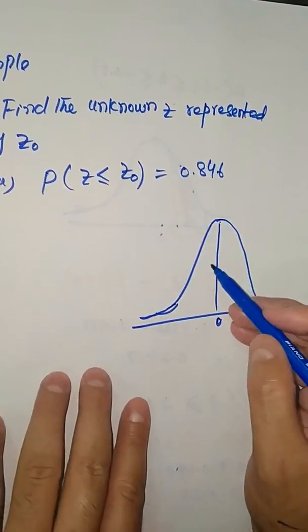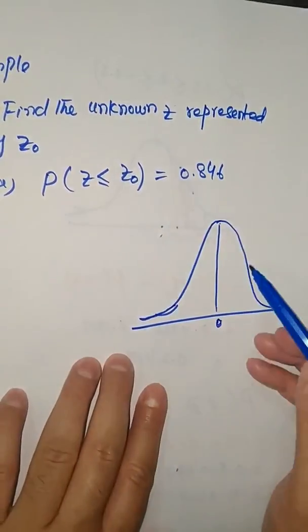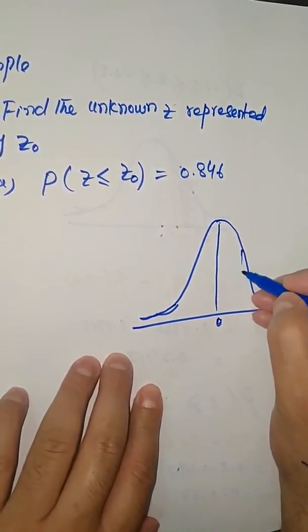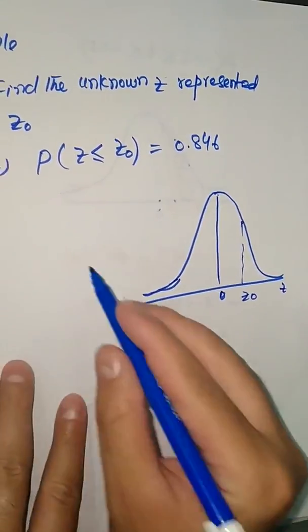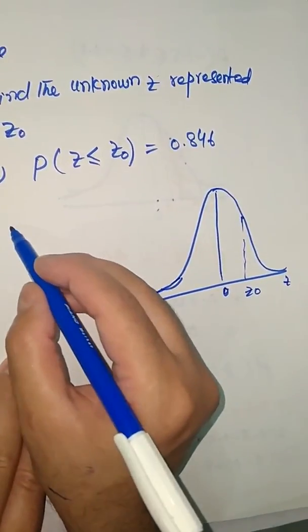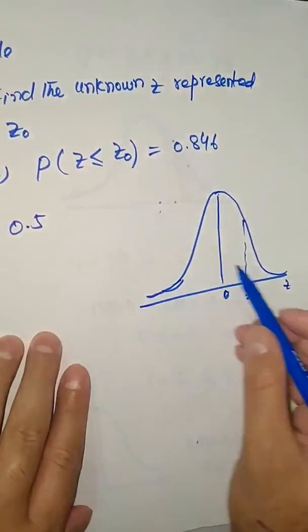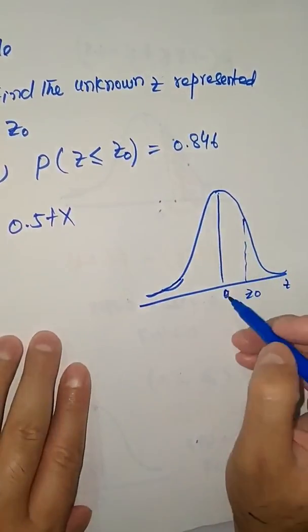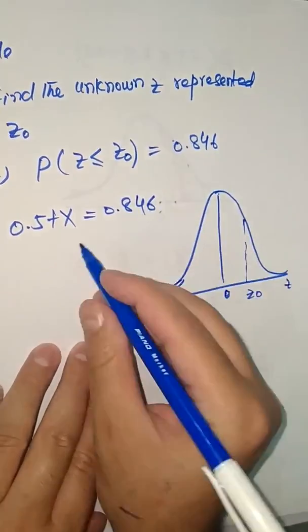On the left side, the total area under the curve is 0.5. So let's suppose z is somewhere here. Its probability, I can write, is equal to 0.5 plus x, where z has some value x, that is equal to 0.846.